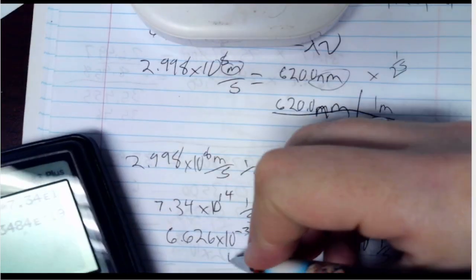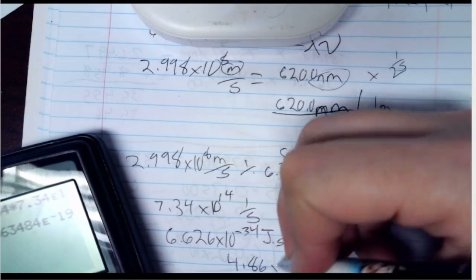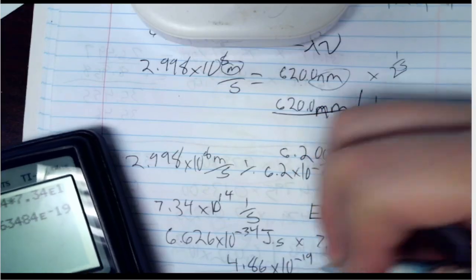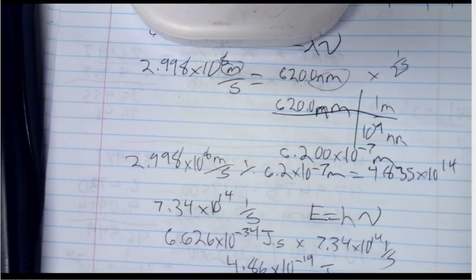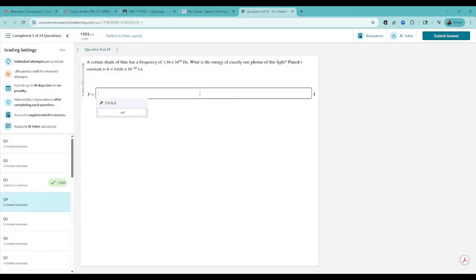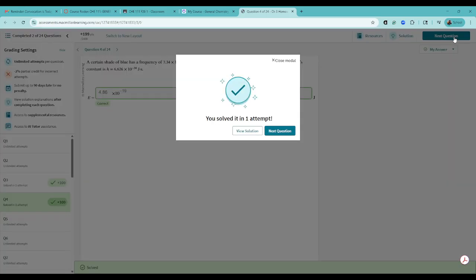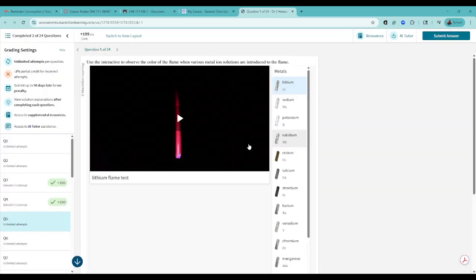So 4.86 times 10 to the negative 19th joules. Most visible light is actually going to be in that 10 to the negative 19th range. Most visible light, meaning the colored light, red, blue, whatever.